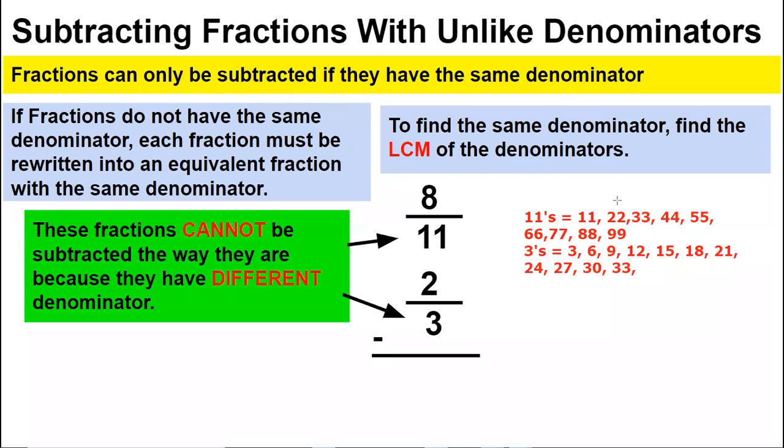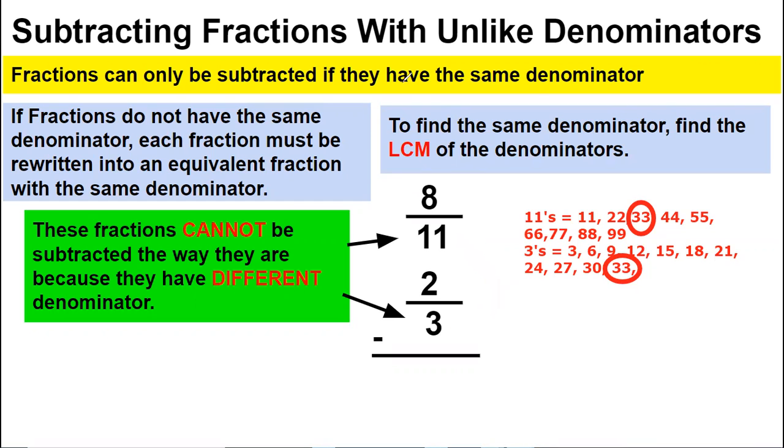So I am going to use the first match I found, which is 33. And that happens to be the least common multiple, also known as the least common denominator when you're talking about fractions. If you cannot find the least common multiple, let's say it's a really large number, you can always multiply the 3 and the 11 together and use that as your bottom number. The only difference is you may have to reduce later on at some point.